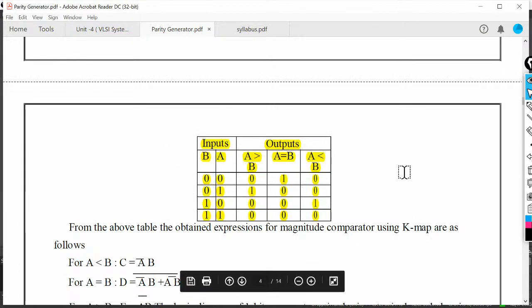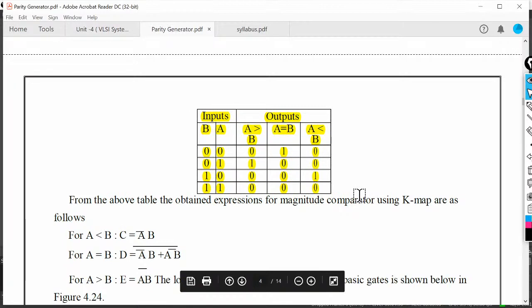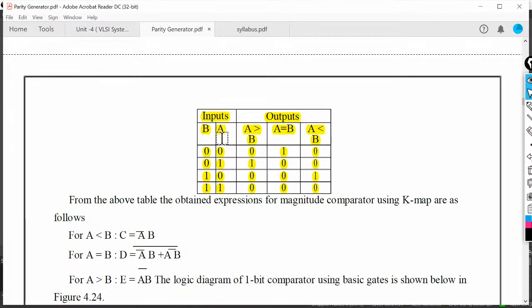This one is the truth table of your magnitude comparator. A magnitude comparator compares two different numbers. Here I am considering that number a is of 1 bit and number b is of 1 bit. According to the truth table, because of this a and b combination, four different combinations are possible: 0 0, 0 1, 1 0 and 1 1.